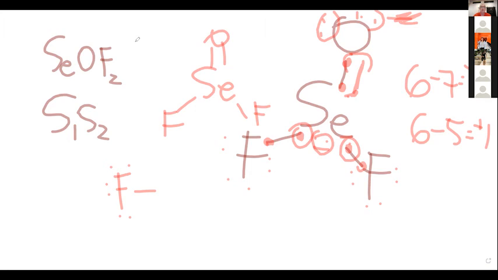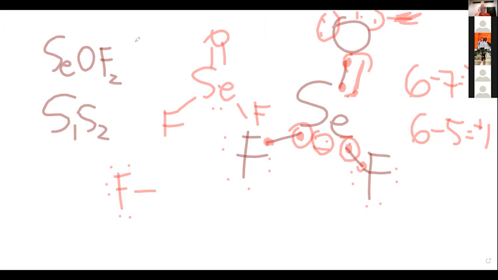And as far as shape, selenium is bonded to 3 other atoms and has 1 lone pair. So that gives it an overall tetrahedral shape. I think it's pyramidal. So it would be polar.